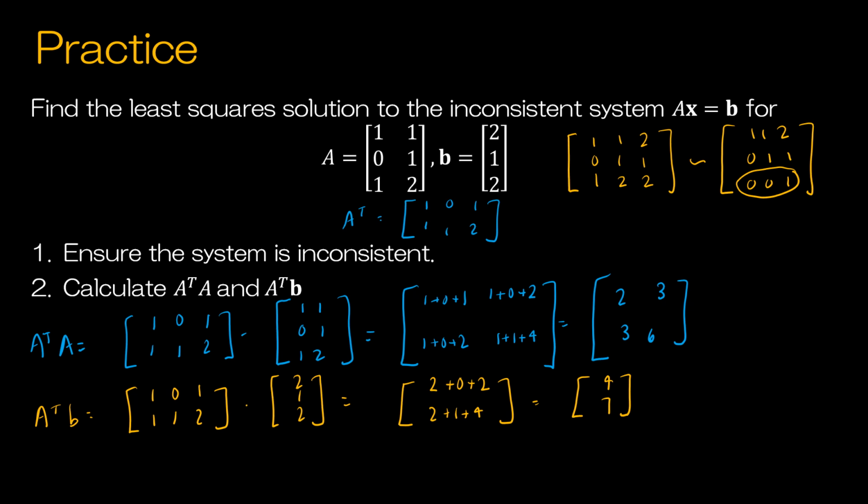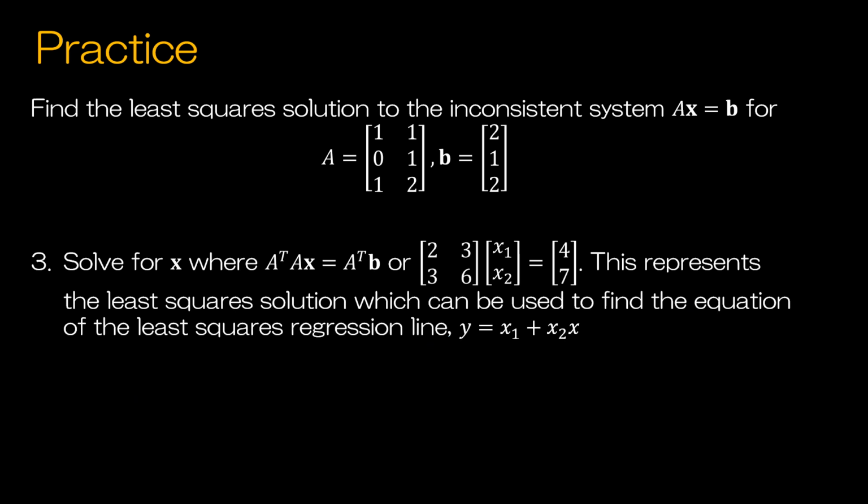So these are the two that I'm going to use moving forward: A transpose A and A transpose b. Now that we have solved for them, we can set up our matrix equation, A transpose A times x is equal to A transpose b, and we're going to simply solve that.